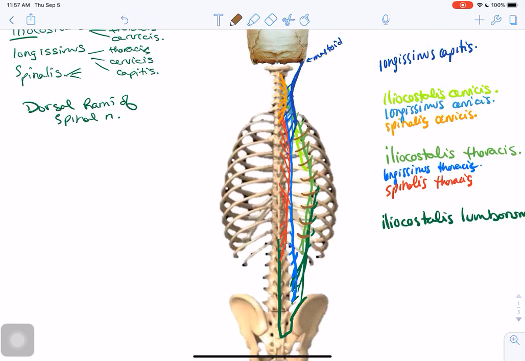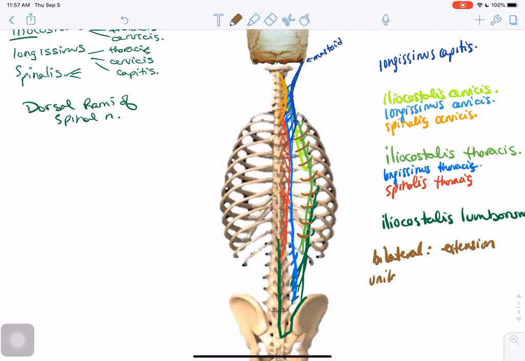And in terms of their actions, if you contract them bilaterally, so both sides, then you get extension of the back. It's an important muscle for posture. And the capitis fibers can extend the head.